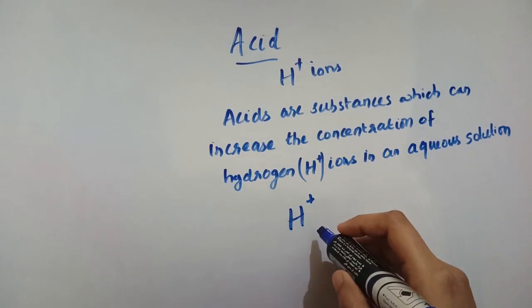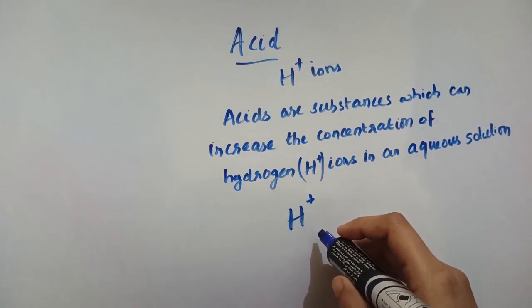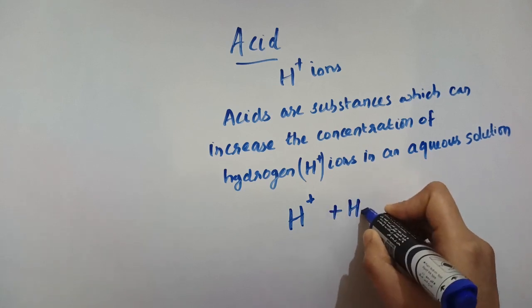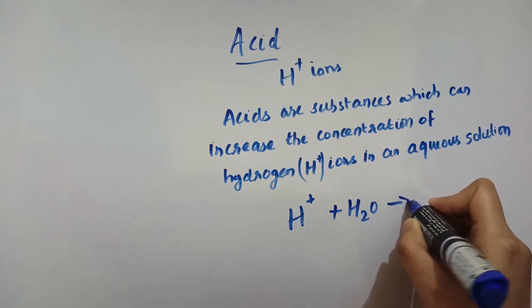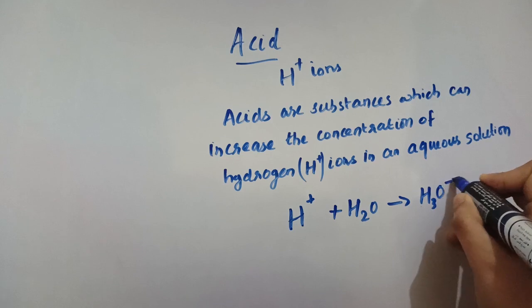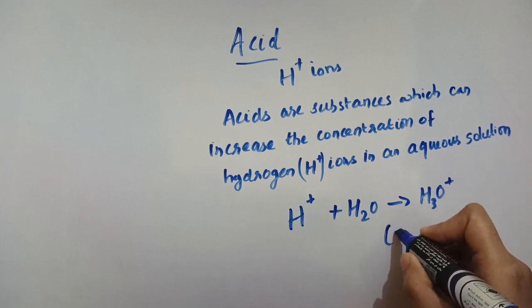Since H plus ion does not have independent existence, it combines with an H2O molecule and forms the hydronium ion, that is H3O plus. This is called hydronium.